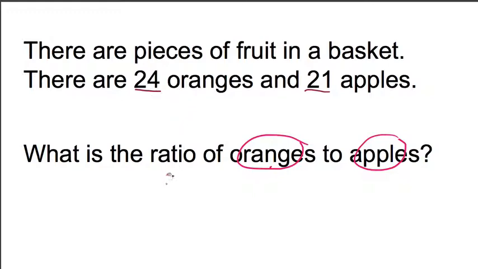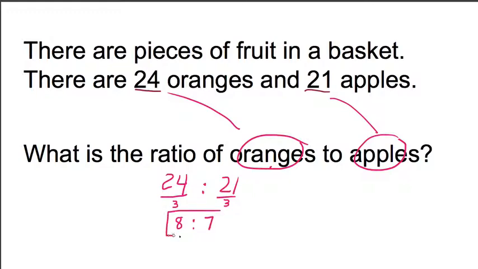Of course, very good: 24 is to 21, because oranges to apples. But this is not lowest terms yet. The greatest common factor of 24 and 21 is 3. Divided by 3, we end up with a simplified ratio of 8 is to 7. 8 oranges, 7 apples. Let's go to the next slide.